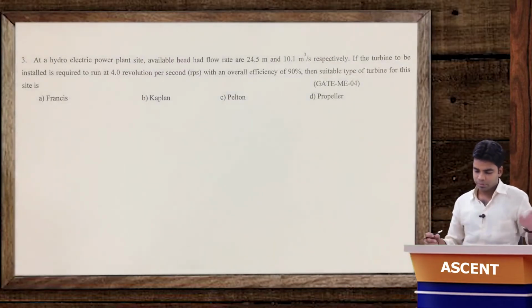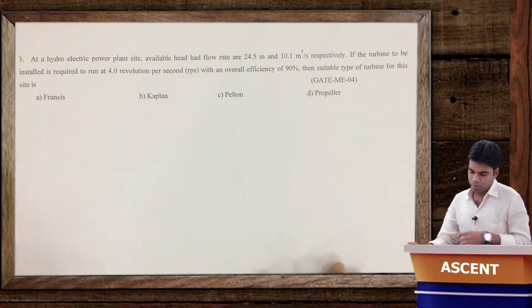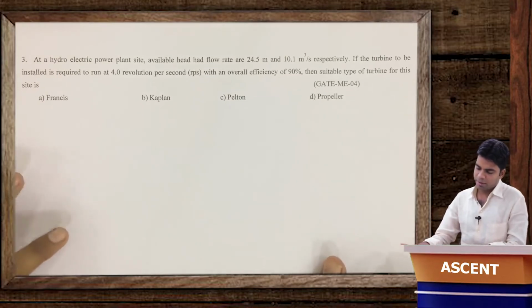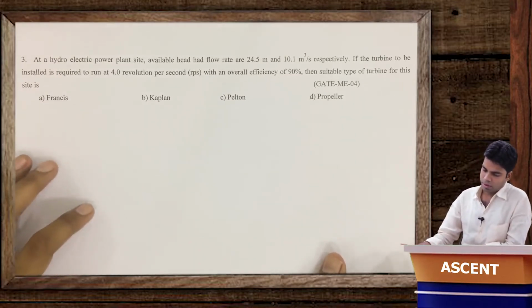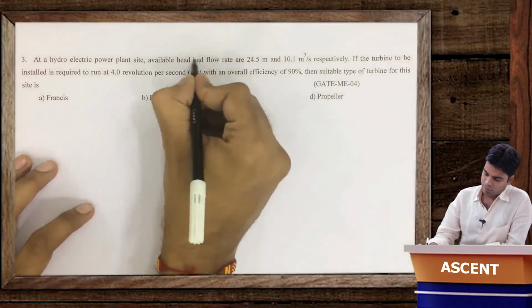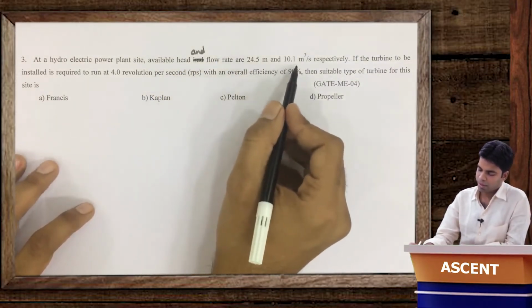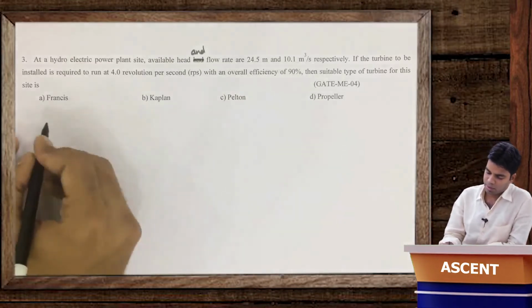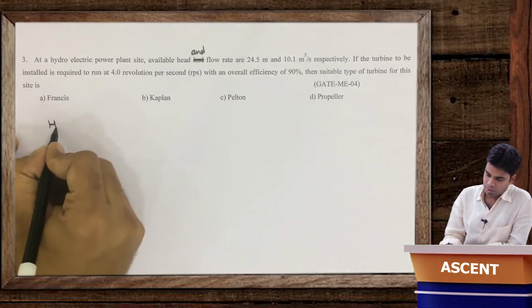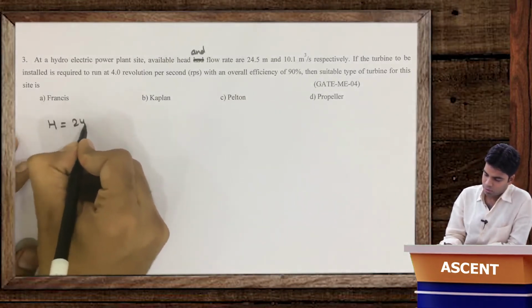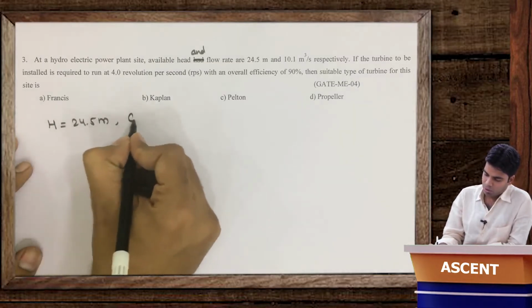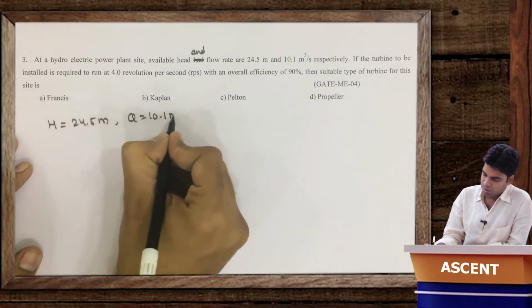Next question: at a hydroelectric power plant site, available head and flow rate are 24.5 meter and 10.1 meter cube per second respectively. That means H is given as 24.5 meter and Q is given as 10.1 meter cube per second.